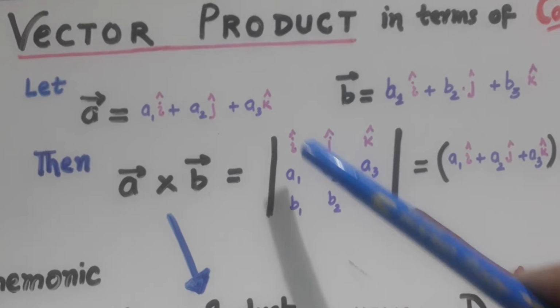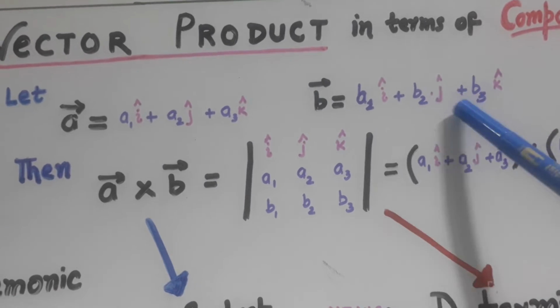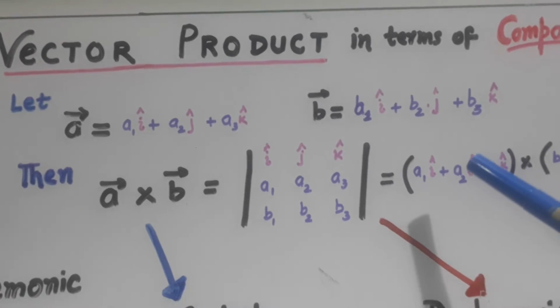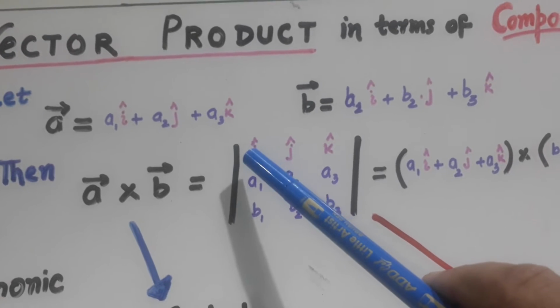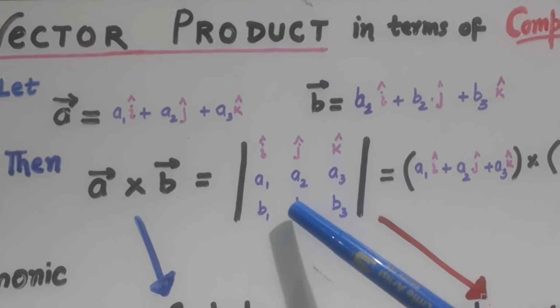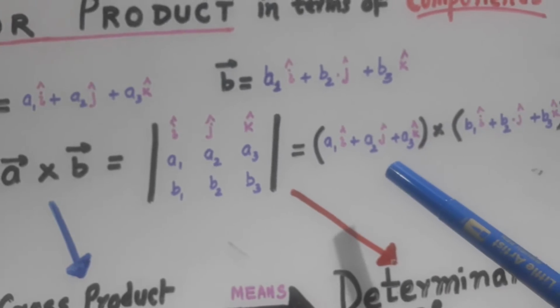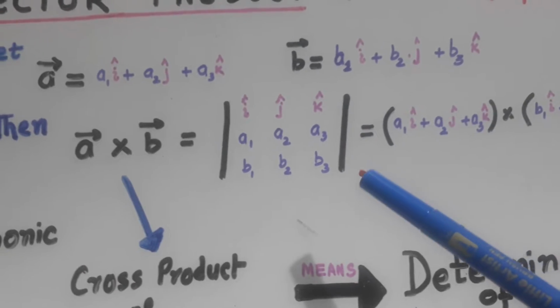A1, A2, A3 first line, this is B1, B2, B3 second line. Since it is a vector, it will be in terms of ijk. So always write ijk first line, then the components of the two vectors, and make it a determinant. On solving, we get the result.